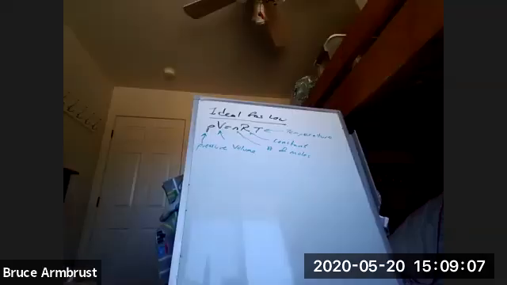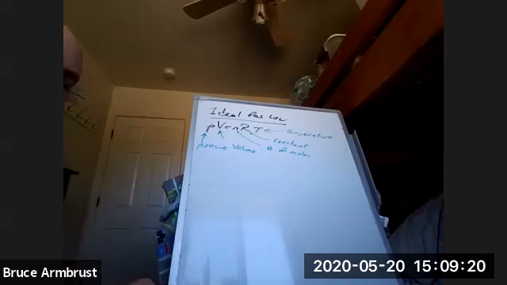Which R are we going to use? Well, it turns out we're not going to actually use this R. We're going to incorporate that in when we simplify our formula. But this is the big R as opposed to the little r.